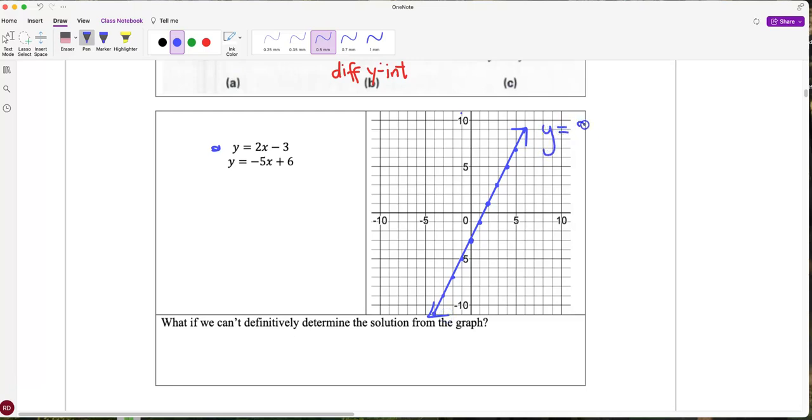Y equals 2x minus 3, and then y equals negative 5x plus 6. So slope is negative 5. So you go down 5 over 1. Down 5, 1, 2, 3, 4, 5 over 1. Up 5, right there, over 1.